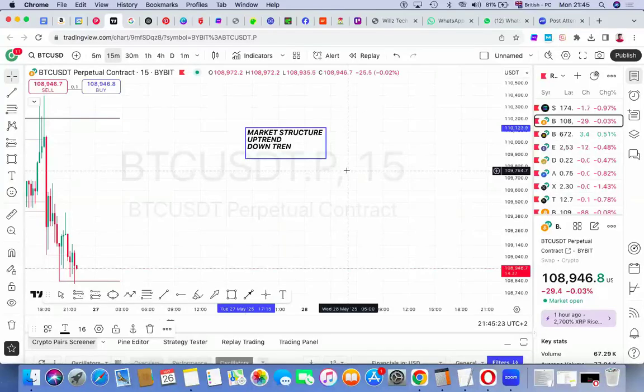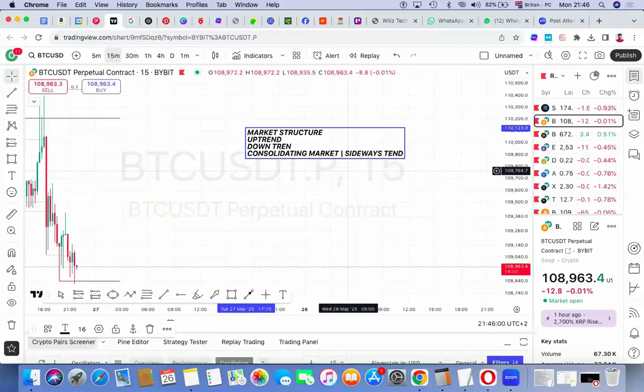And we also have consolidating market, or a sideways trend. Or we can also call it a sideways market, or sideways trend. Sideways.